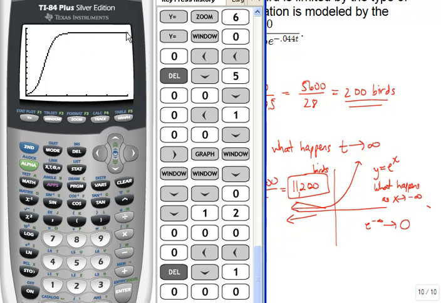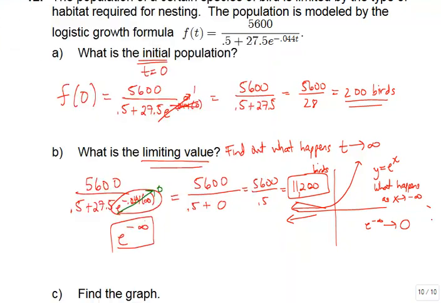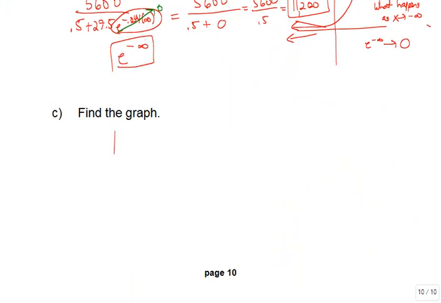And if the population were to go above that, then the birds are going to start dying off. So it levels off at that limiting value. This is the typical shape that you'll always see whenever you have logistic growth. So I'm just going to copy that shape down here in my notes. It's going to have this sort of S shape to it, where this levels out right at that 11,200.